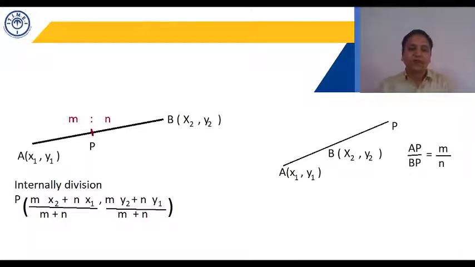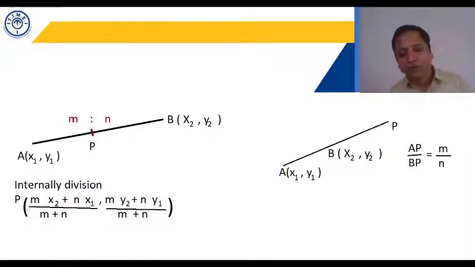Coordinate of A is x1, y1, coordinate of B is x2, y2, and we require to find coordinate of P. Now it is given as length of AP divided by length of BP is m is to n. Now point P lies outside, so we say it's an external division.